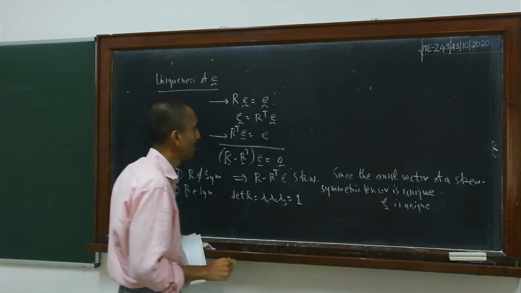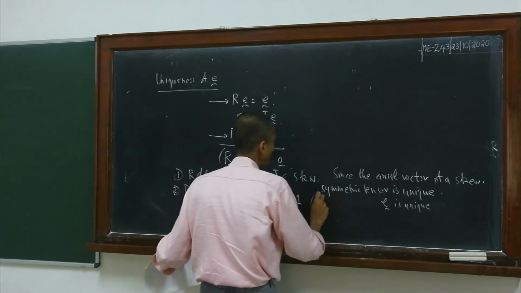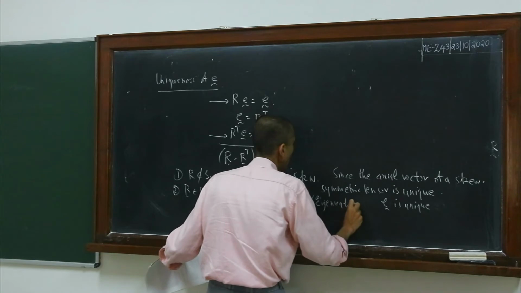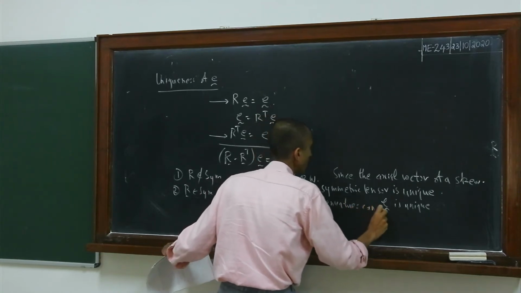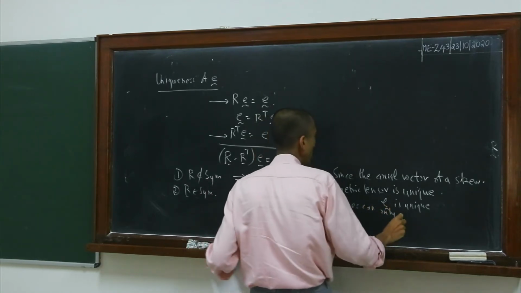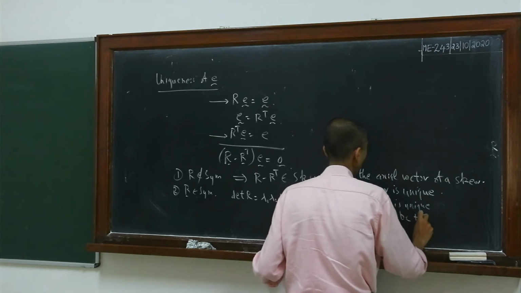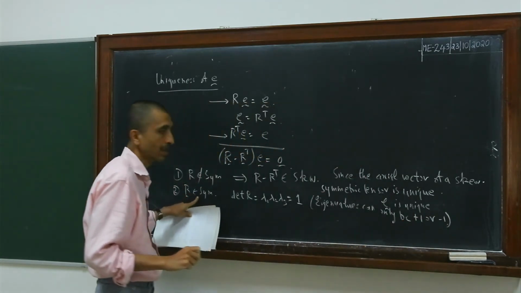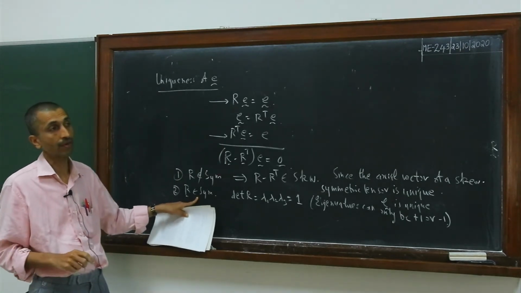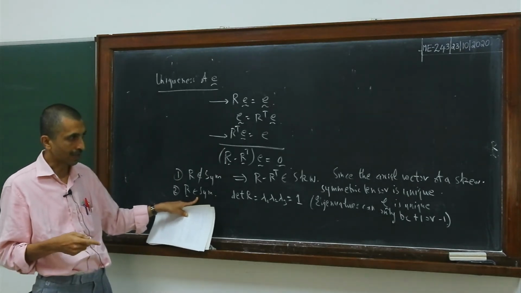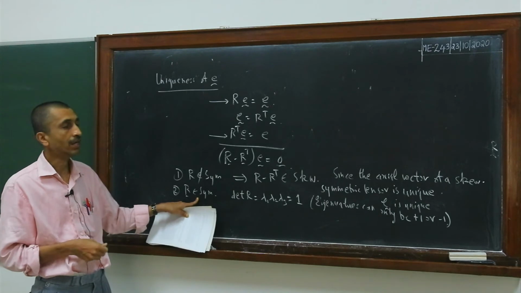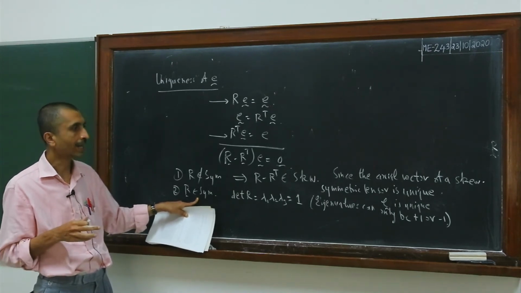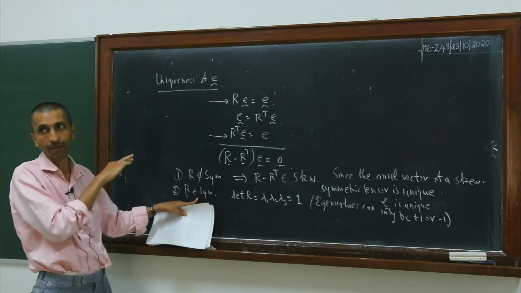And the eigenvalues can only be plus 1 or minus 1, because it is a symmetric tensor, so the eigenvalues are real in this case. That part I have not yet covered, but I will be covering it. So the eigenvalues are real and they can only be plus 1 or minus 1. That part I proved.